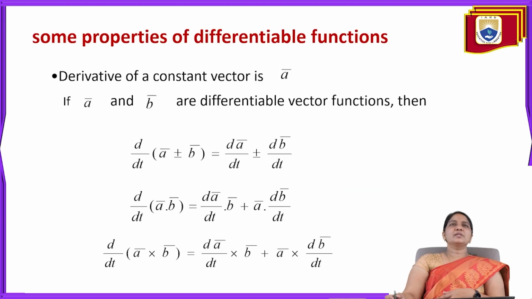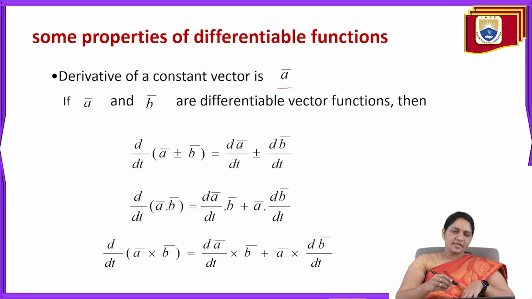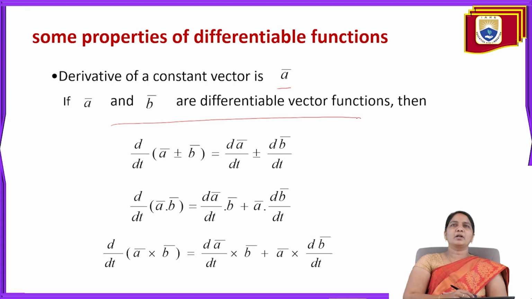So here we can see some properties of differential functions. Derivative of a constant vector a bar. If a bar and b bar are differential vector functions, then d by dt of a bar plus or minus b bar equal to dA bar by dt plus or minus dB bar by dt.